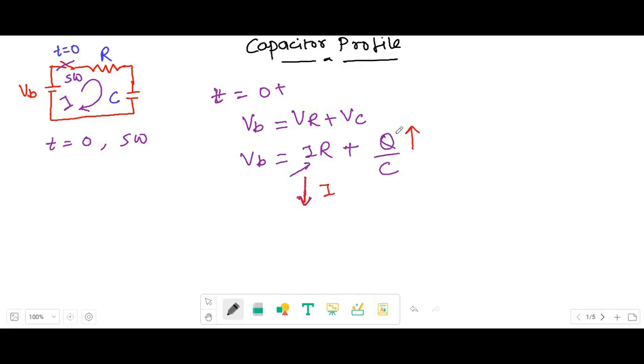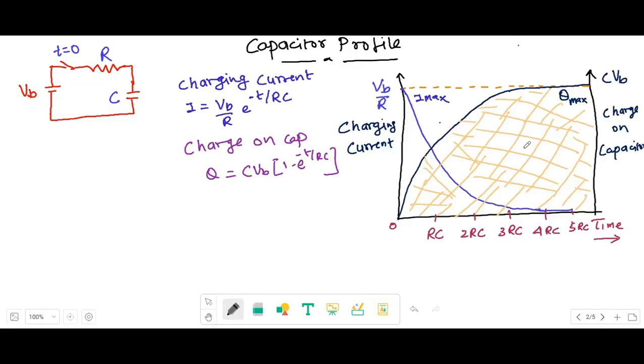What does it mean? As the charging progresses, the charging current I is going to decrease while the charge is going to increase.